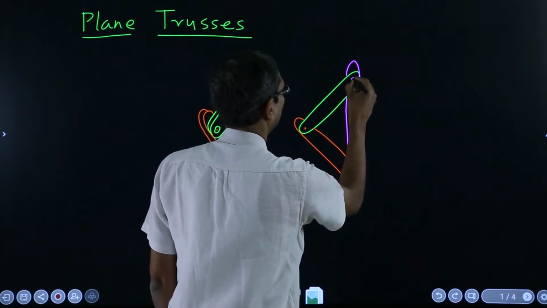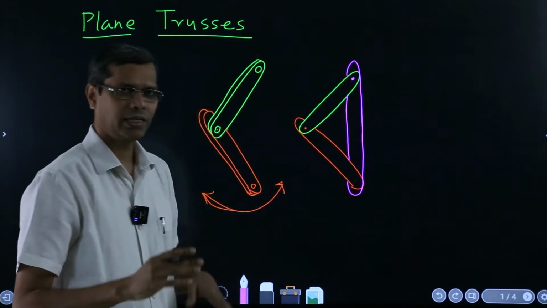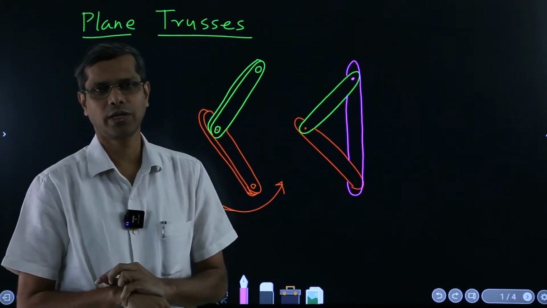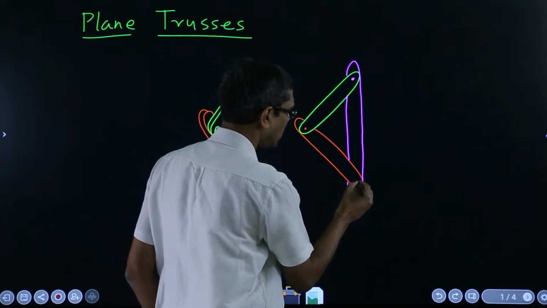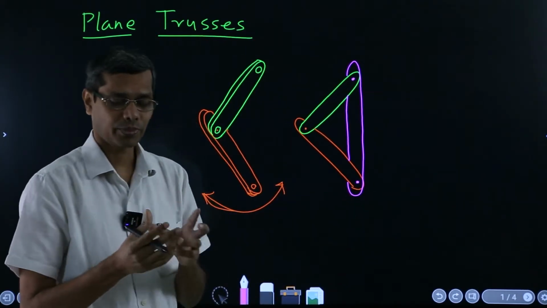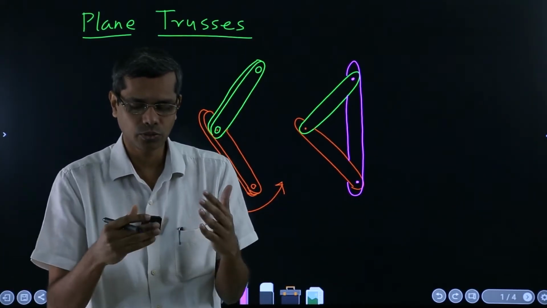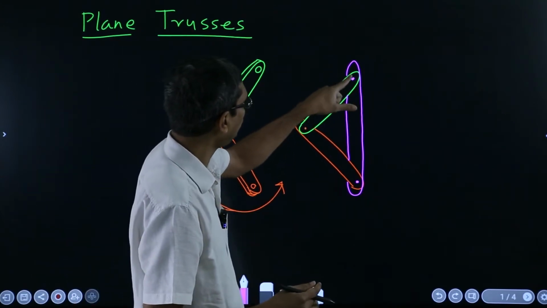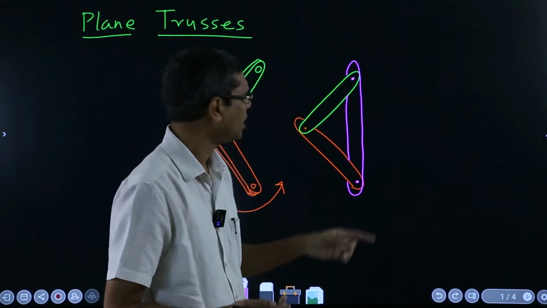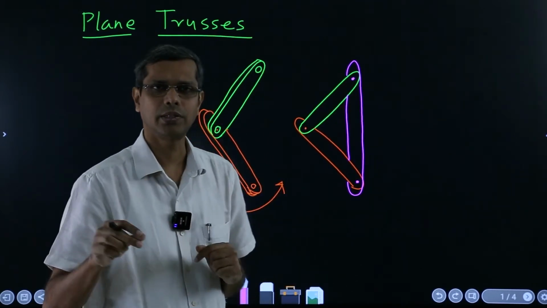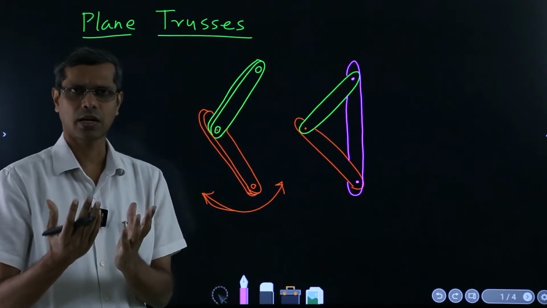Now if I join one more such thing, for example this. Now if I join these 3 members to each other, these joints are again pin joints. If I remove one of the pins, they are free to move with respect to each other, but as soon as I put all 3 pins, they are completely stuck.